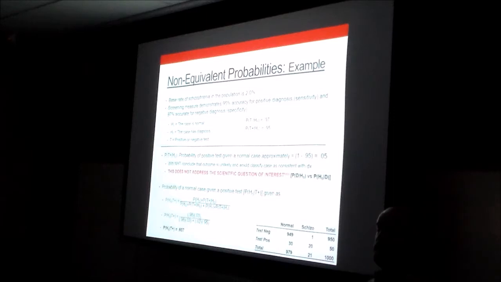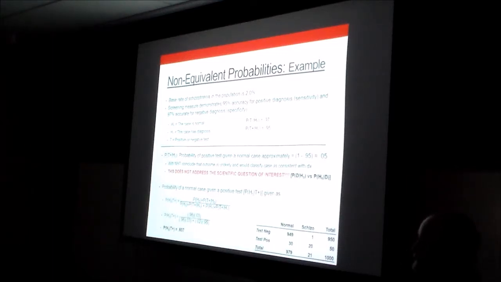So of everybody who tested positive, how many of those people have schizophrenia? We're not doing so good there, right? And for something like this, where diagnosis of schizophrenia may be accompanied by pretty severe medications, this is a non-trivial issue, right? Basically, we're going to be medicating a whole lot of people because the test says they have schizophrenia, but they don't have schizophrenia and they don't need to be given heavy medications, right?